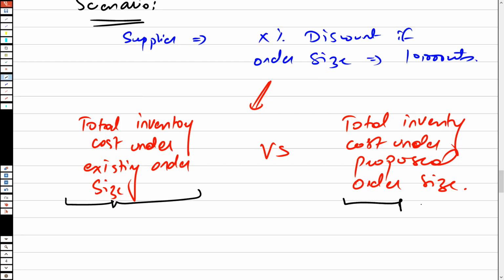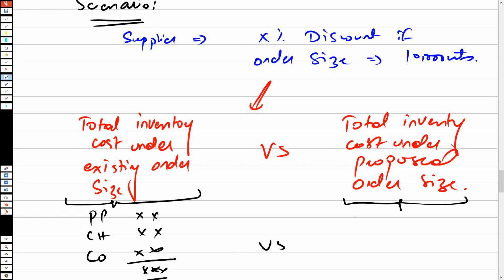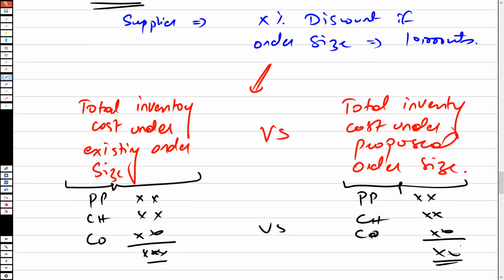if I can just give you a bit of an idea, let's try to understand something. You've got the purchase price, you've got the total holding cost, you've got the total ordering cost, you add up all of them. And then you compare them with the revised purchase price under the different order quantity and the different ordering costs under the different order quantity, and you see if it is beneficial for the company, then you should go ahead with it.